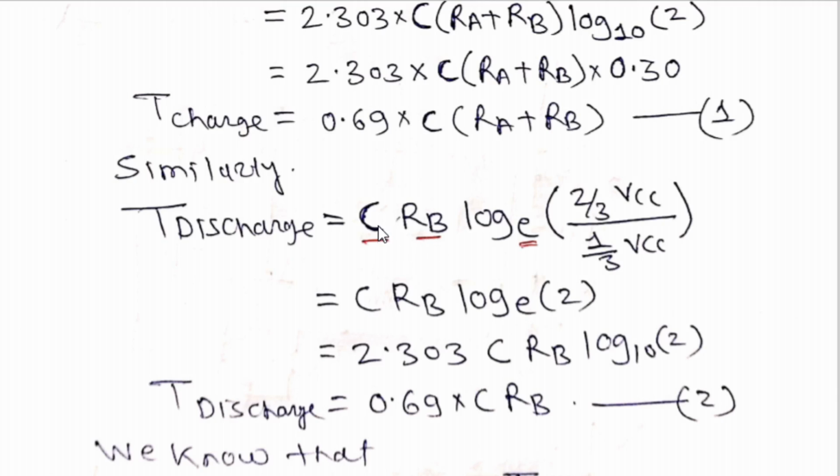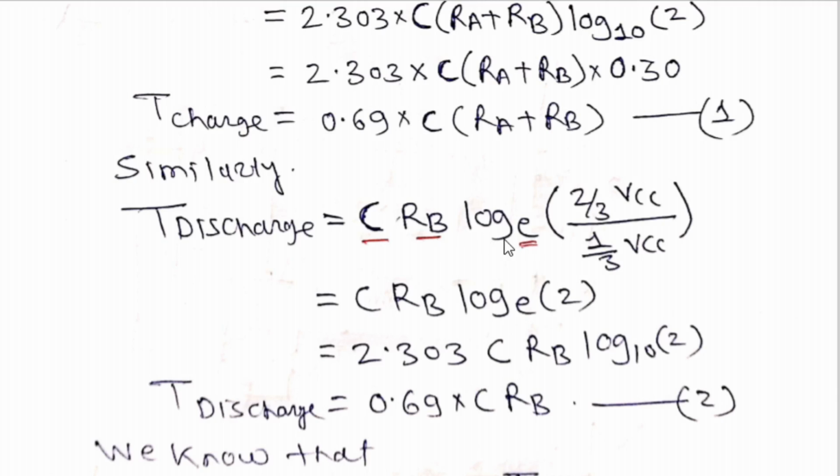If RB is in mega ohm, the capacitor will discharge very slowly because the current passing through a mega ohm resistor will be in microampere. If RB is in kilo ohm, the current will be in milliampere, and accordingly.